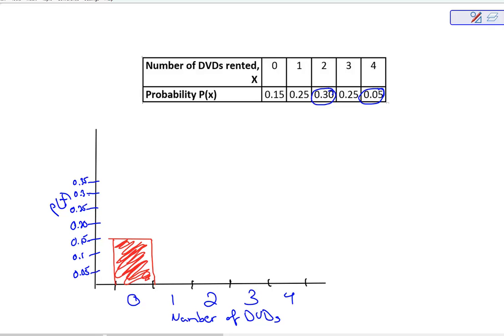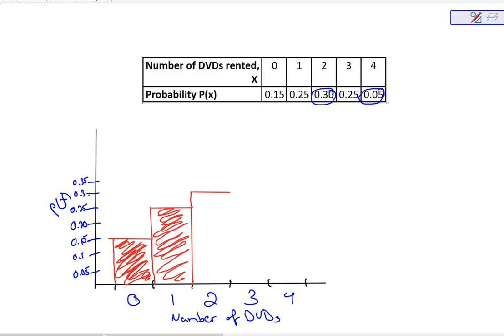I'm going to do the same thing for 1 DVD, that is 25. And then come down. And I can shade that in. 2 DVDs was 3/10, so I'm going to go up a little bit further.